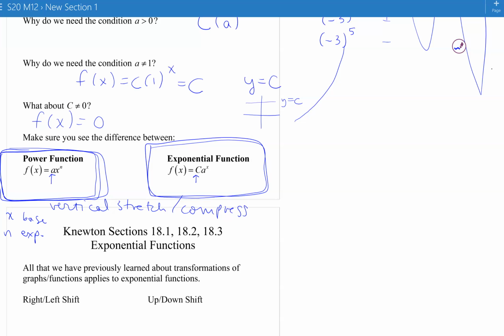So you're doing 2 to the power of 3, then 5 to the power of 3, then 12 to the power of 3, then negative 7 to the power of 3. That's a power function. In the exponential function, you have a base and the variable is in the exponent. So the exponent is what's changing. So you'll have 2 to the 3 and 2 to the 4 and 2 to the negative 7 and 2 to the 12. So very different looking in practice, and the graphs look very different also.